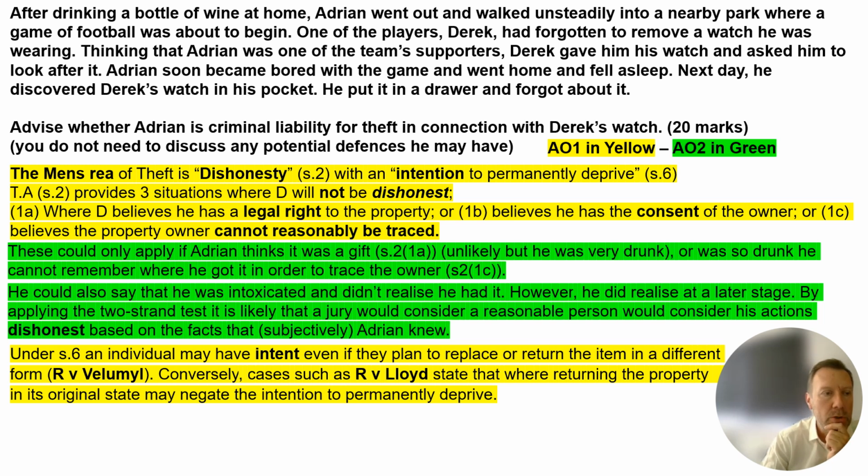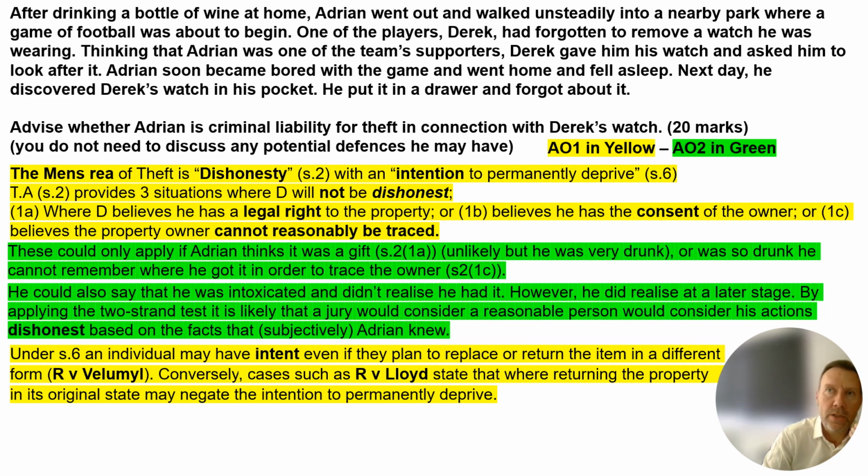I refer to this two-strand or two-stage test, and there's an inference in the AO2 as to what it is, but my advice, looking back at what I've just done, would be to make it a bit clearer in the AO1. Explain what they call the Ivey test, Ivey versus Genting Casinos, as approved in criminal law by the Barton and Booth case. You've probably come across those in your studies. That's worth a bit of AO1 to explain how this two-stage test works.